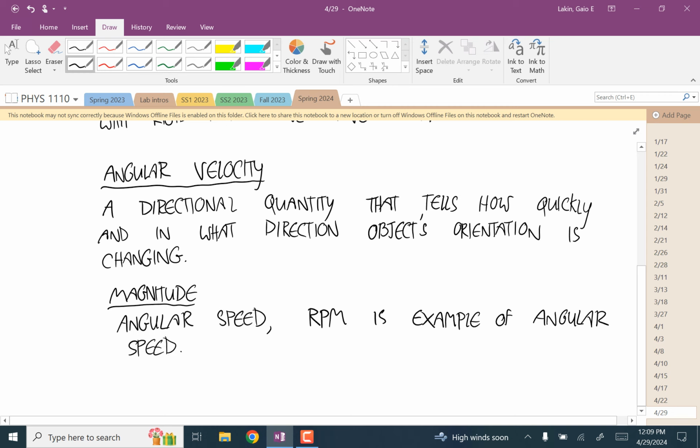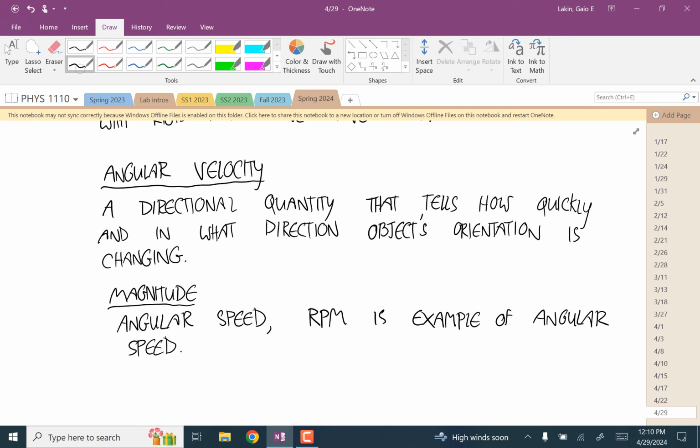If you have a motor that's going at 2,000 RPM, that's 2,000 rotations every minute. So that tells you that you're going through 360 degrees of rotation 2,000 times over the span of a minute. That tells you how fast it's rotating.